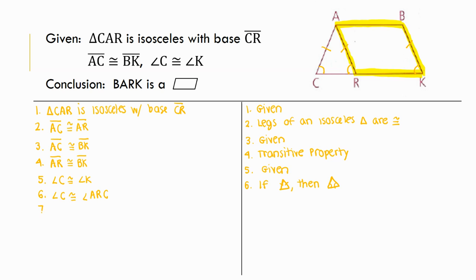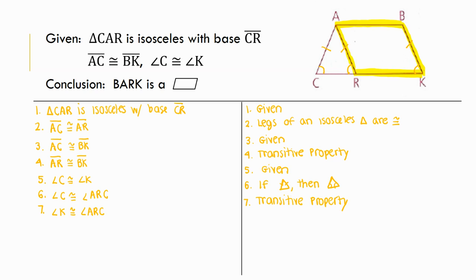And so then we're kind of at the same point that we were with the sides. Notice that I've got 3 sets of markings for those angles that are congruent. And notice how in 5 and 6 we have angle C listed twice. That means that angle K is congruent to the angle ARC by another transitive property. If you wanted to, you could just say same as 4.